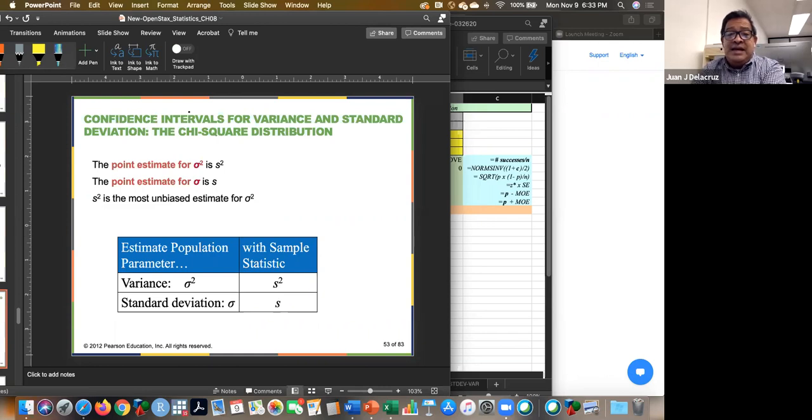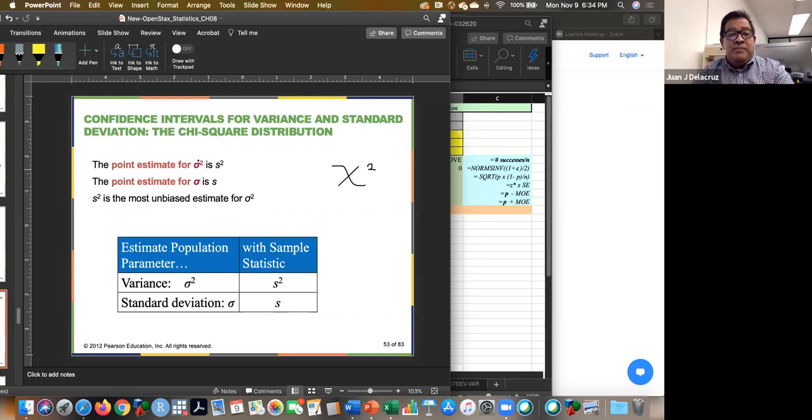Chi is a Greek letter. It's almost like an X, but it's not an X, it has a little curve over here. This chi-square distribution is going to be helpful for us to build this confidence interval.